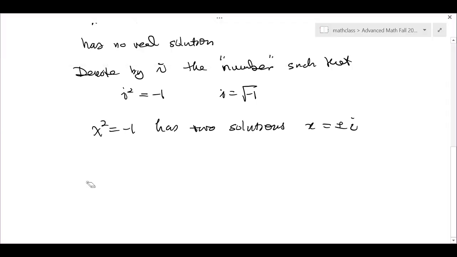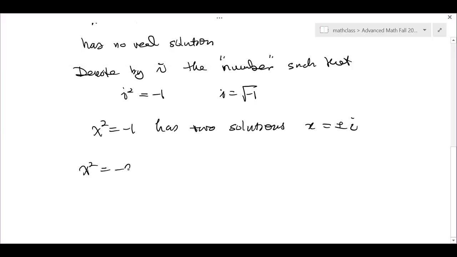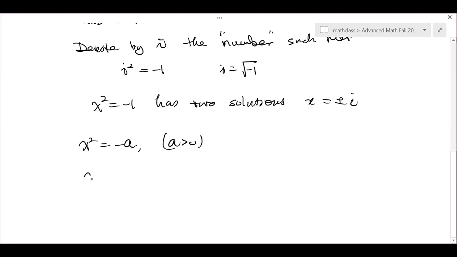So now we have an equation, x squared equals -8. Here a is a positive number. So x is going to be plus minus square root of -8.